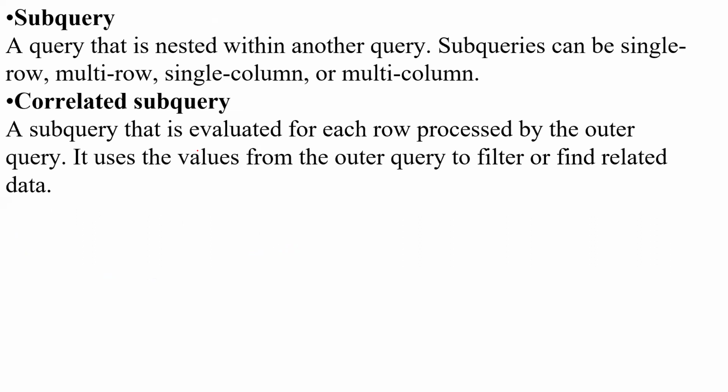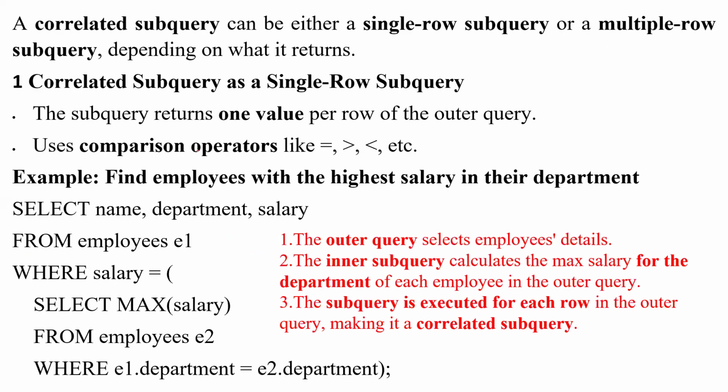What is a correlated subquery? They are actually subqueries only, but the major difference is that your queries depend on each other. In the examples that we have seen so far, the outer query was executed based on the output of the inner query, right?